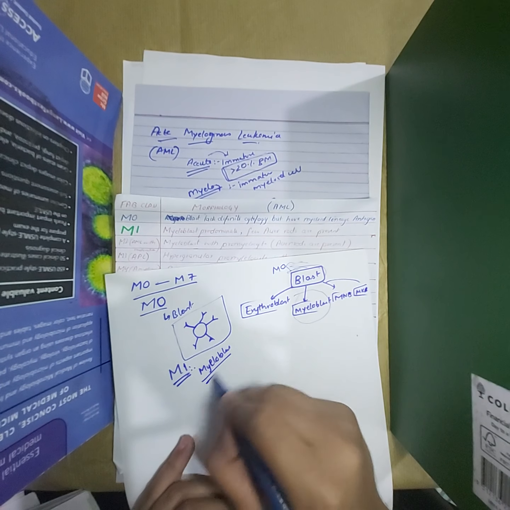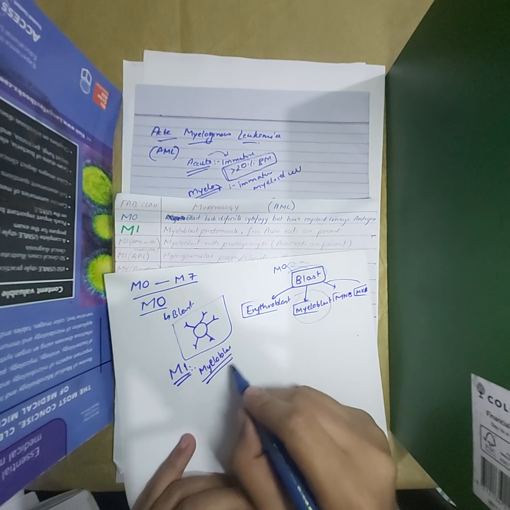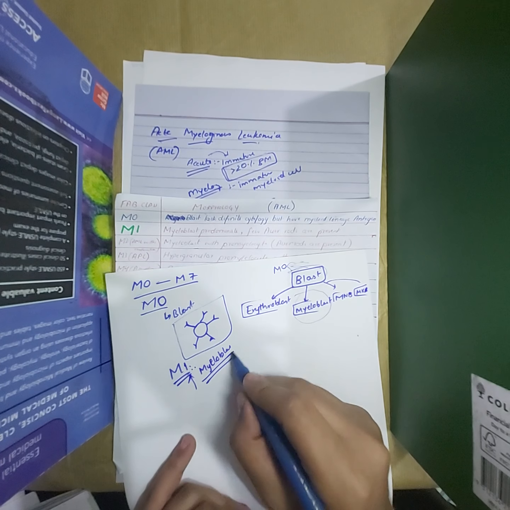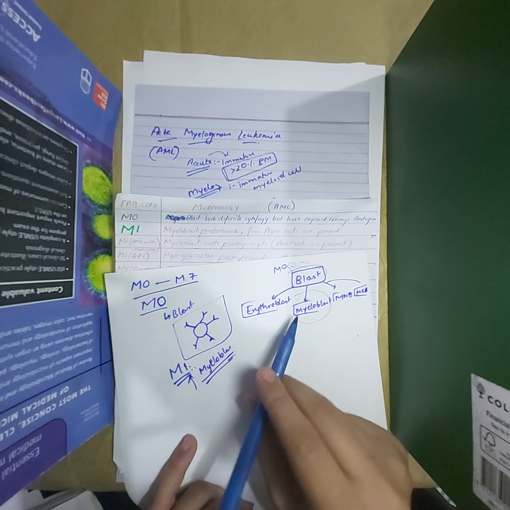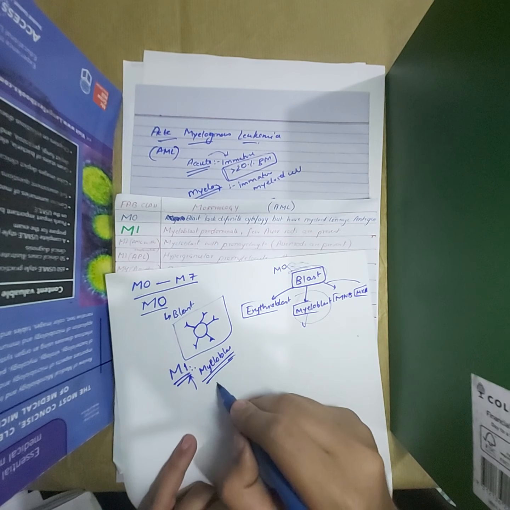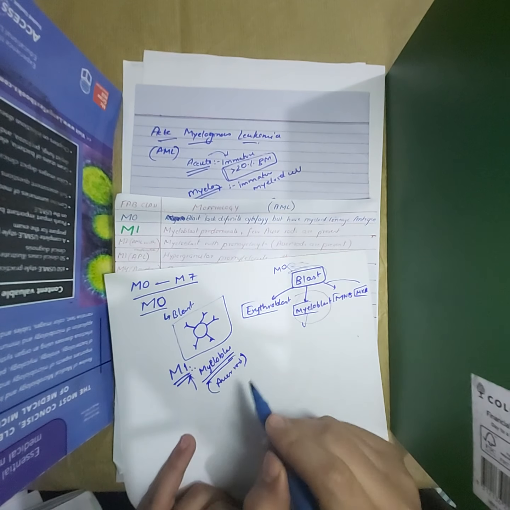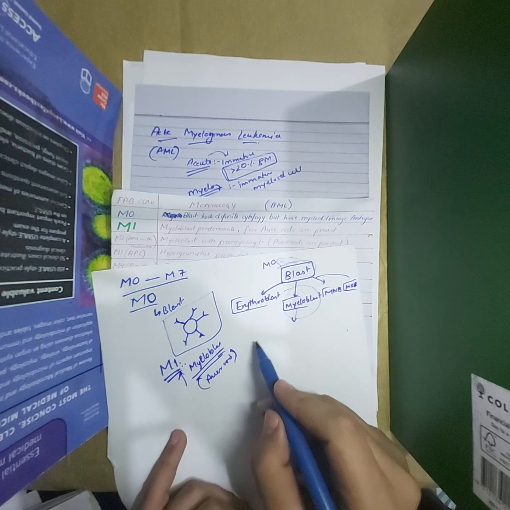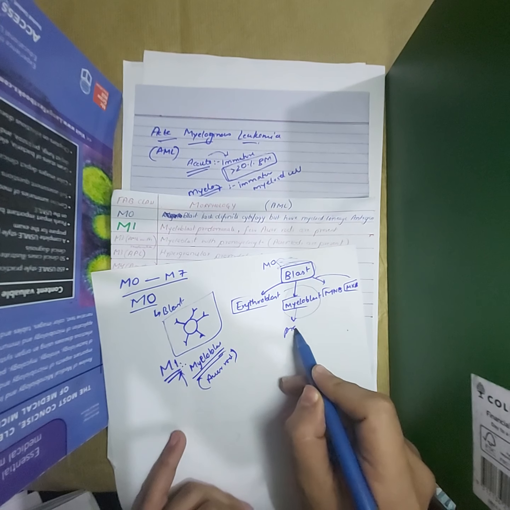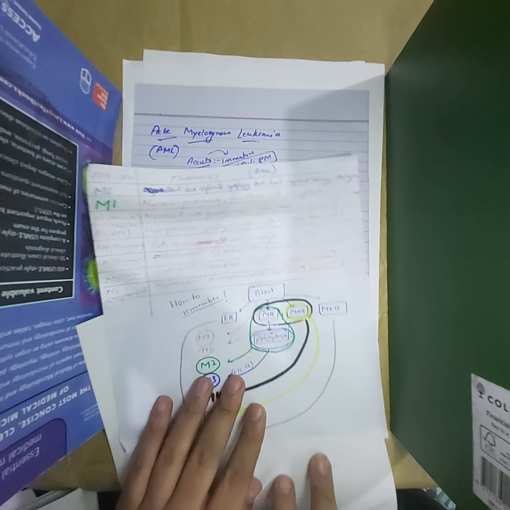Myeloblast cells will be predominant, they will be greater, and the myeloblast cells should have Auer rods present. They are positive for Auer rods because Auer rods are found in promyelocytes.